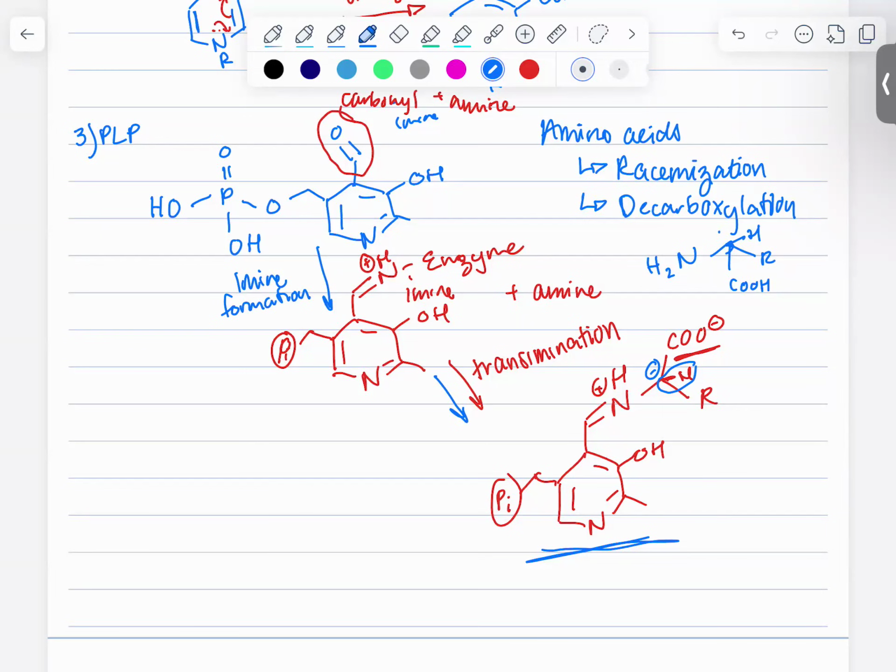And then imine formation occurs where we would lose that carbonyl oxygen as water to form the imine. We're just forming the imine from the amine that was on the protein.